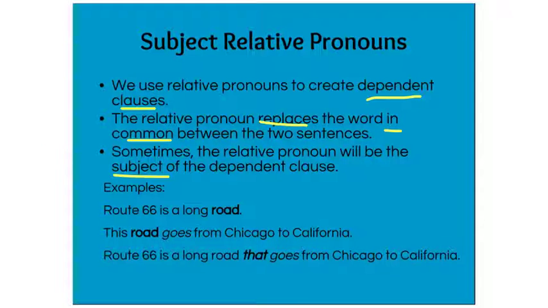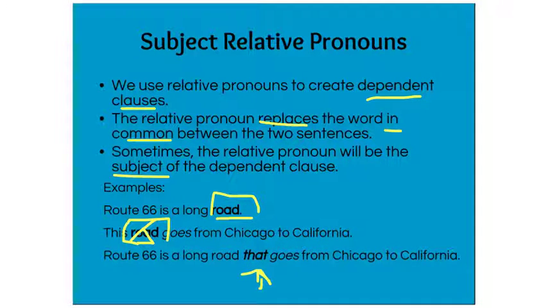Route 66 is a long road. This road goes from Chicago to California. So we have a noun, road, in common or the same, and we are going to replace one of those with one of the subject relative pronouns. Road is a thing, so we are going to use the relative pronoun that.